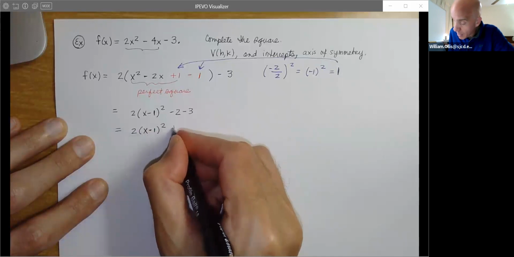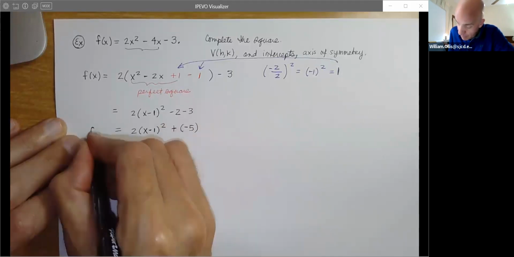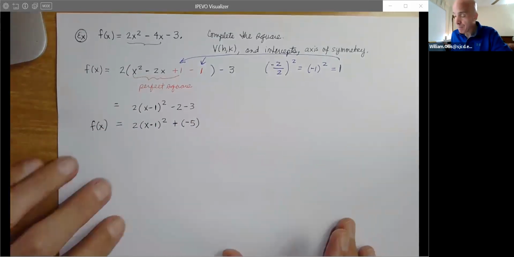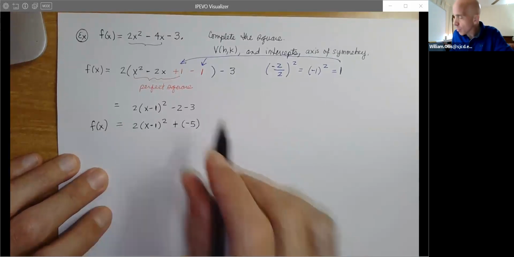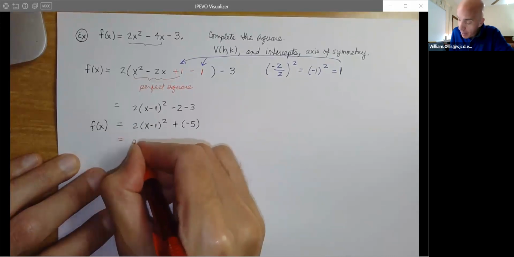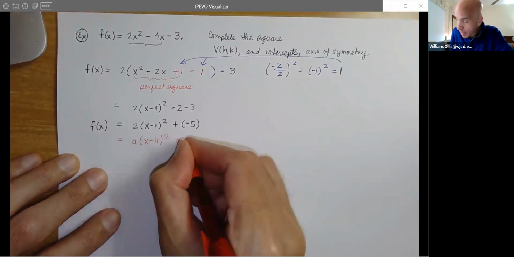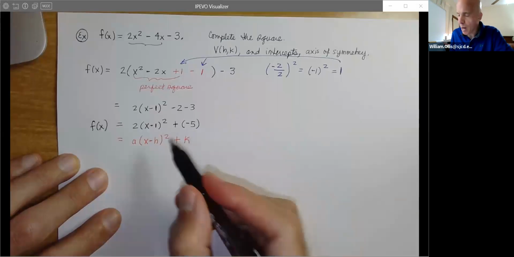And I'm just going to write this plus a negative 5 so you can see what the value of k is. So now when we look at this, we have a standard form, the second standard form. I put the plus here because I'm trying to remind you that this is now a times x minus h, quantity squared, plus k. Of course, students will say, well, I'm not going to put the plus minus. I'll just write it with a minus.